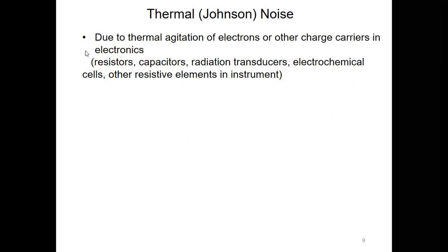This thermal noise arises due to the thermal agitation of electrons or any other charge carrier in the electronics. Electronics means it can be a resistor, capacitor, radiation transducer, or any electrochemical cell, or any other resistive element in the instrument.